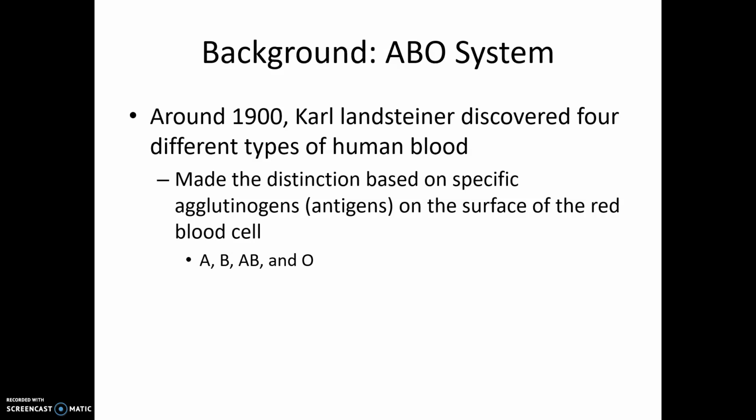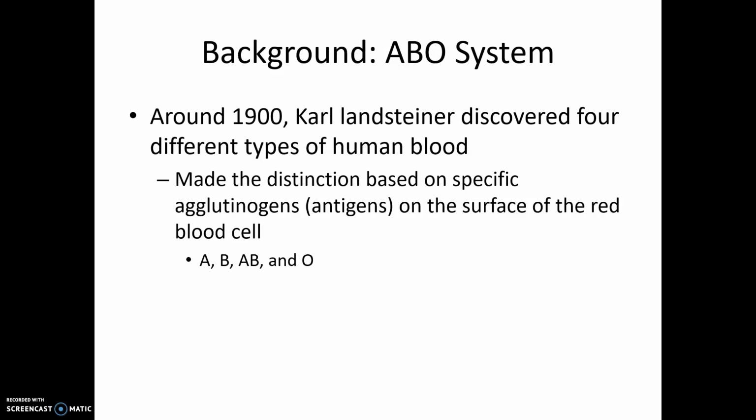We're going to get into how antigens and antibodies work. Think of antibodies as a flag for our body. Antibodies tag foreign invaders by binding to them, and it basically tells the body, you need to get rid of this because it's foreign and it doesn't belong here.